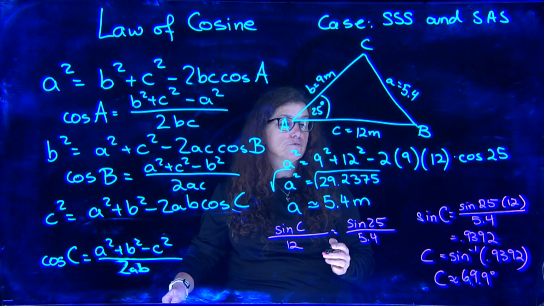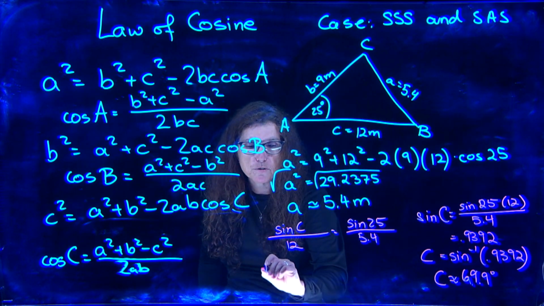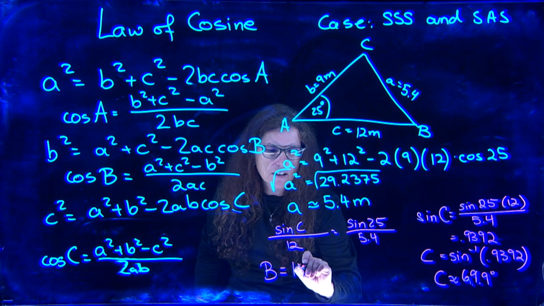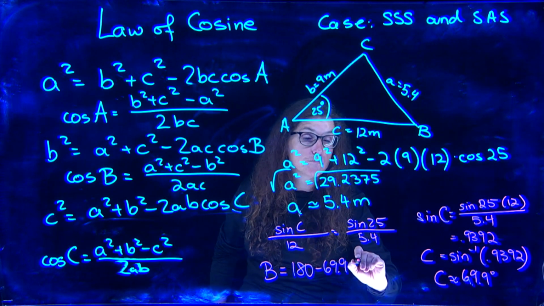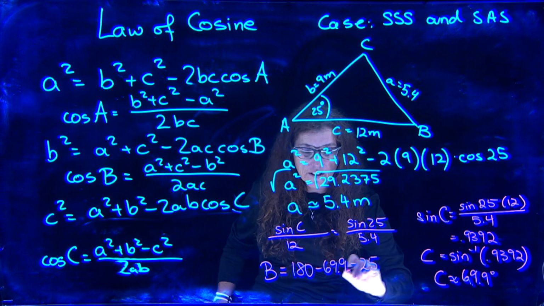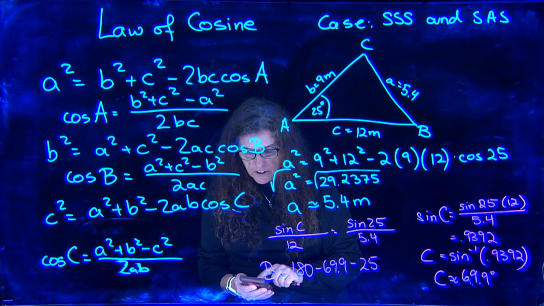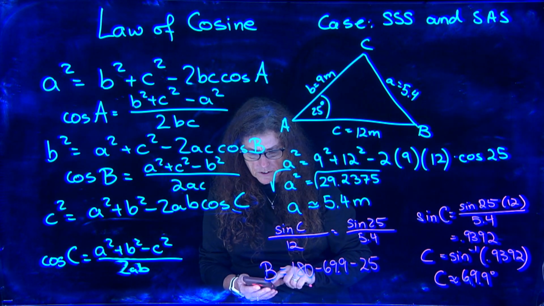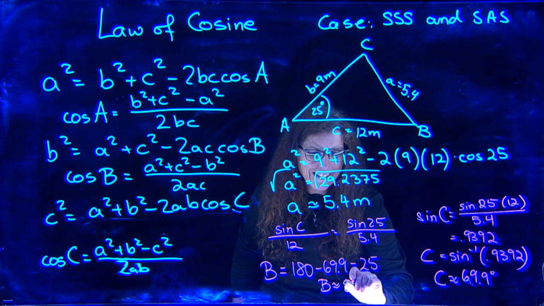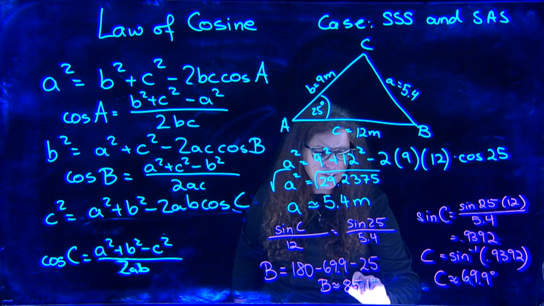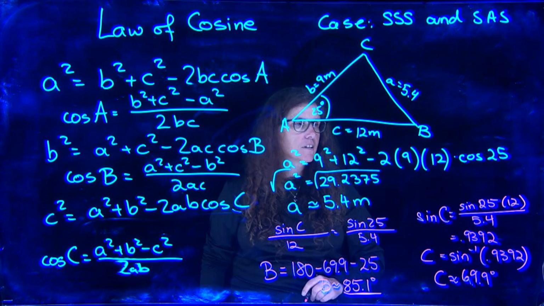Now, of course, to find the remaining angle, which is B, one last time, 180 minus 69.9 minus 25. 180 minus 25 is 155, minus 69.9 is 85.1. So B is approximately 85.1 degrees, and we use the law of cosine.